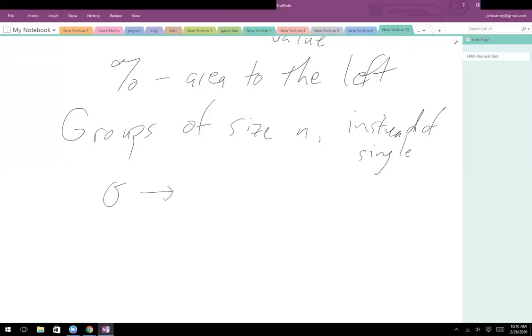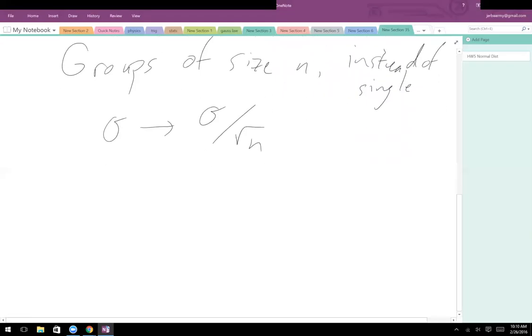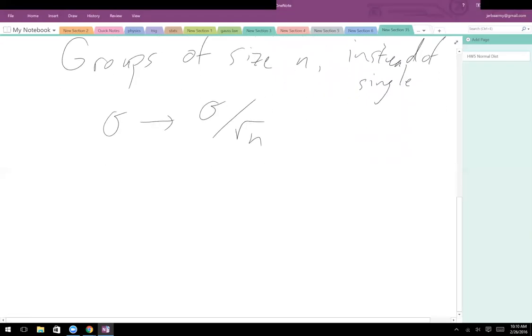Okay, all that happens is whenever you put in your standard deviation, instead of putting it in directly, you just divide it by the square root of n, right? Okay, that was the middle part of the homework.